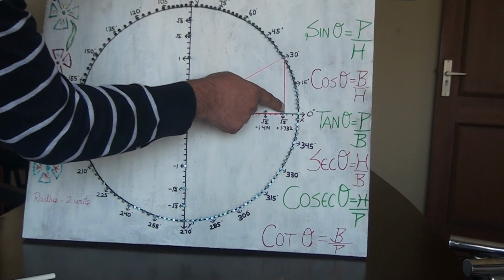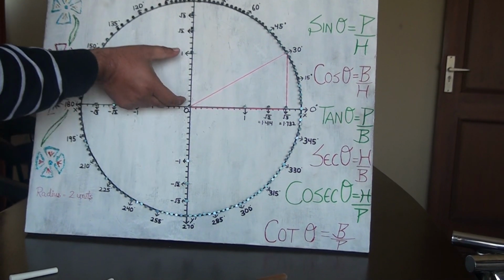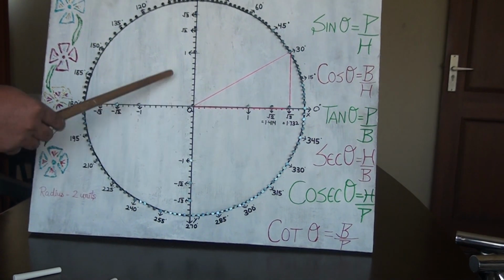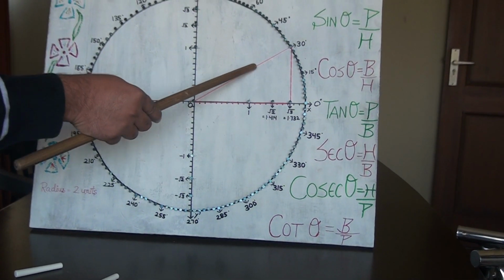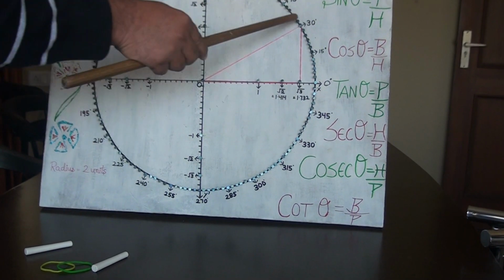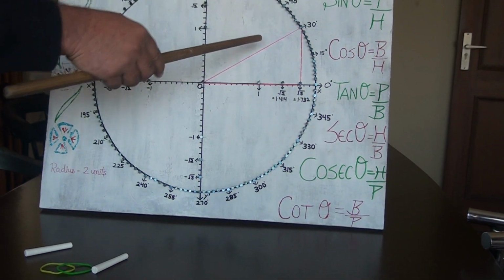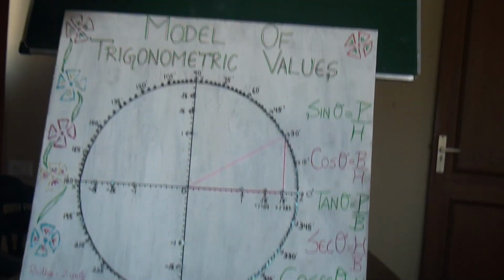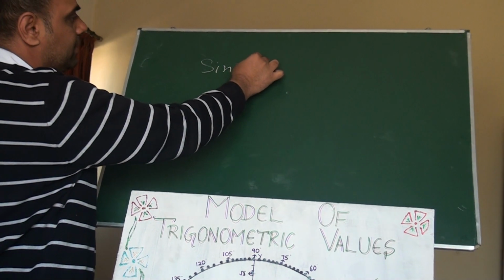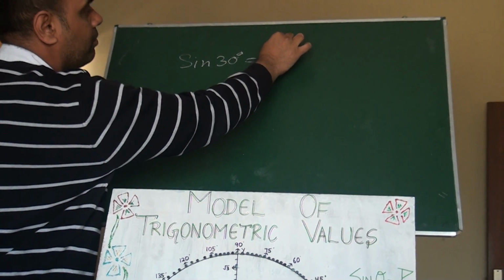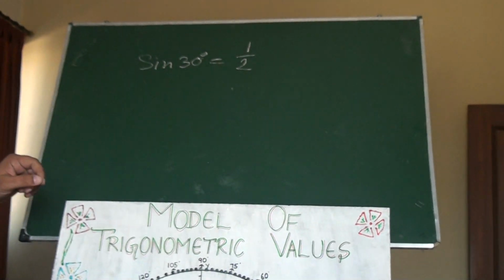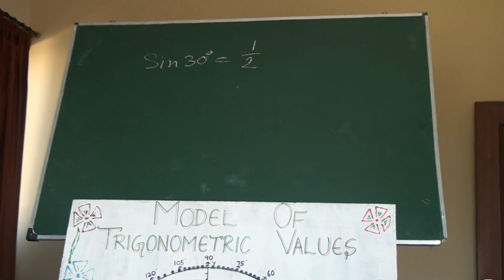The length of the perpendicular is equal to 1 unit, and the length of the hypotenuse is equal to 2 units, because this length is equal to the radius of the circle. Therefore, sine 30 degrees is equal to 1 upon 2.